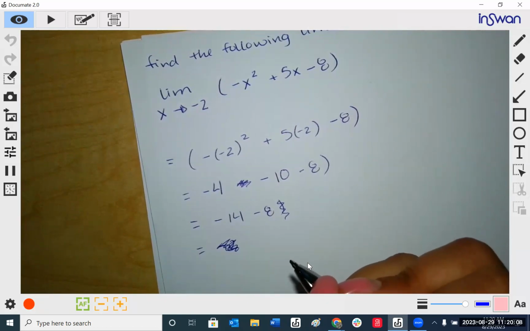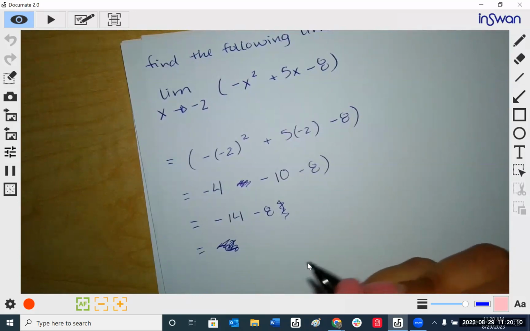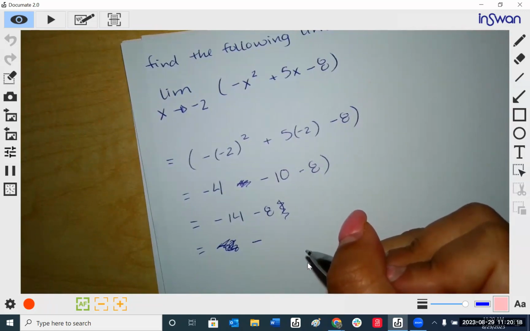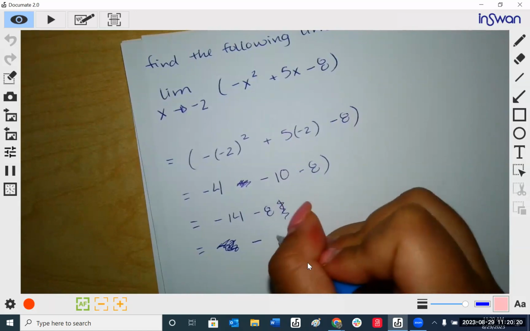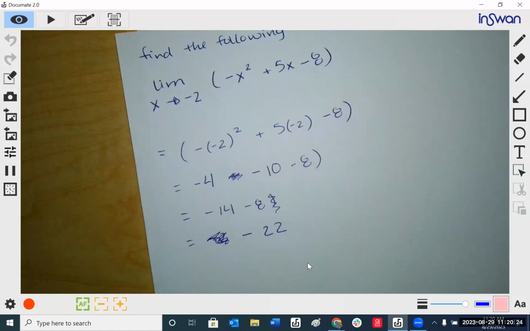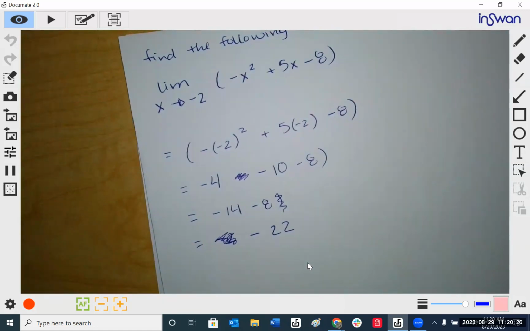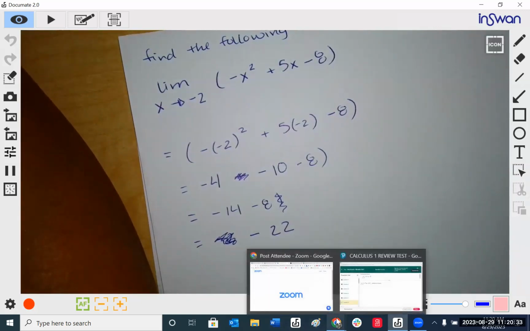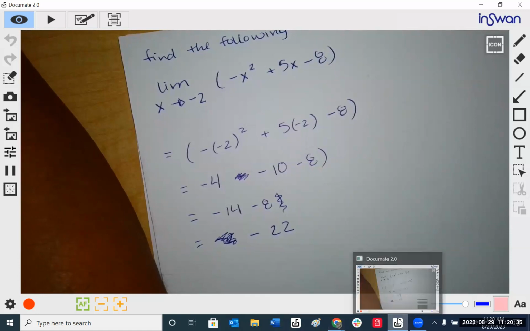It's negative. And since they're both negative, add the two numbers. 14 plus 8 is 22. Yeah, that's your answer. So put that in the box and press that button.